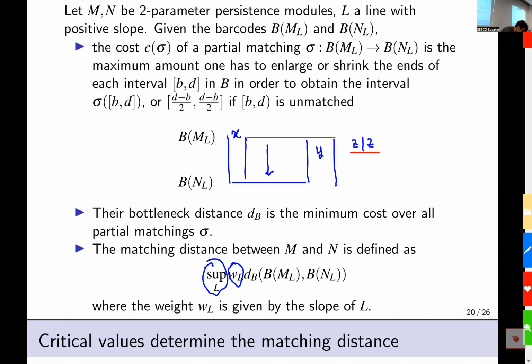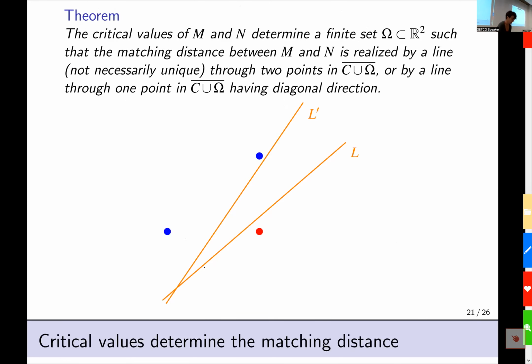If I have the critical values of the first persistence module M, the blue critical values, and the red point is a critical value for the second persistence module, and I compute the barcodes along two lines in the same equivalence class, then I have troubles.